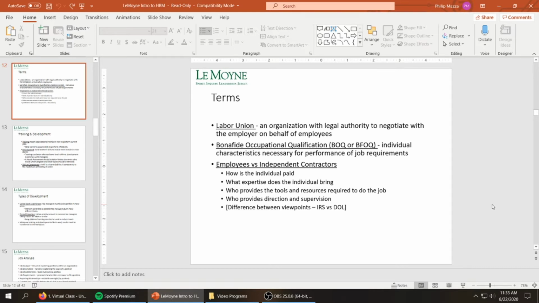This is where individual characteristics necessary for performance of job requirements will be looked at. So, for example, a few years back, the airline industry would only hire certain individuals to be airline attendants, or stewardesses as they used to refer to them.